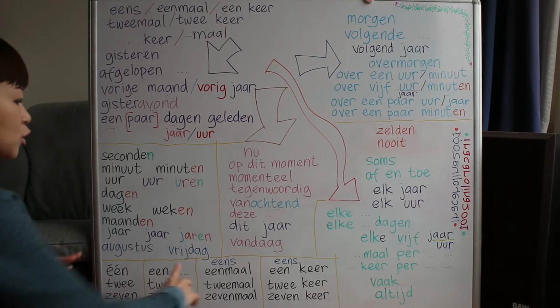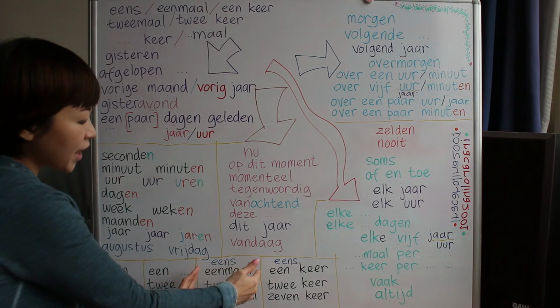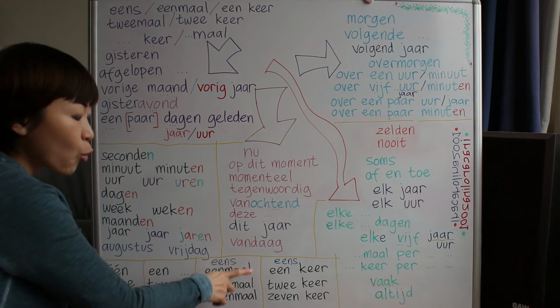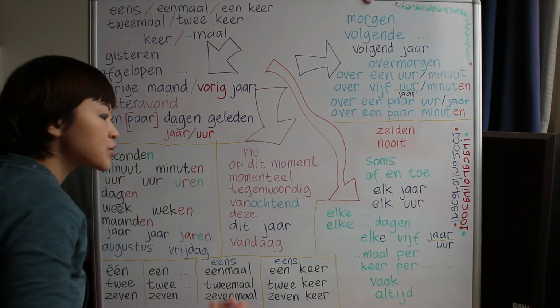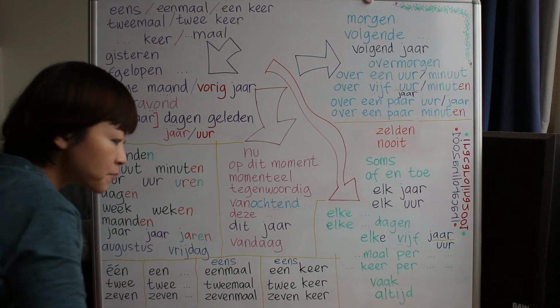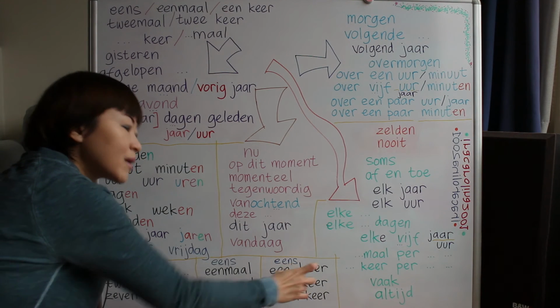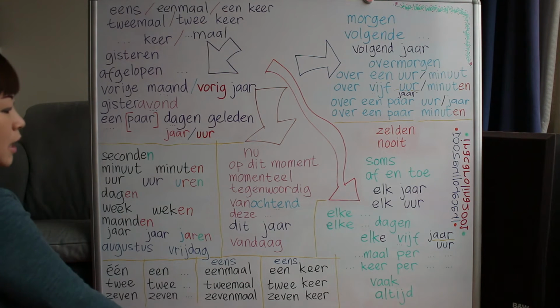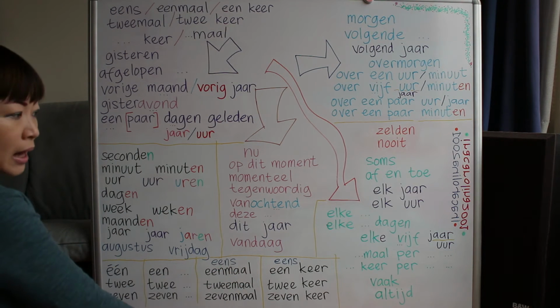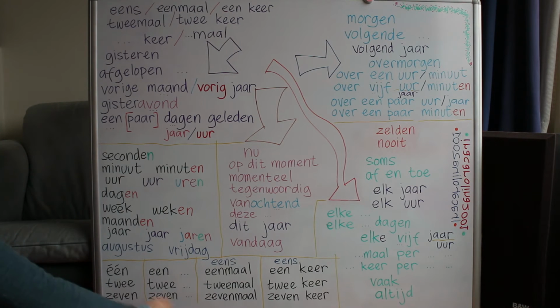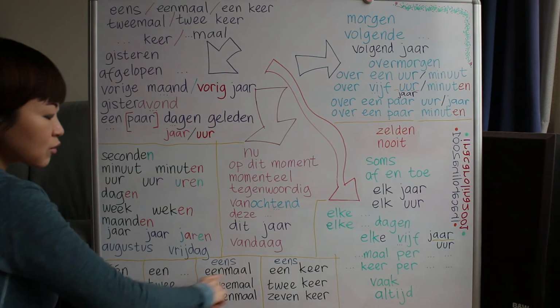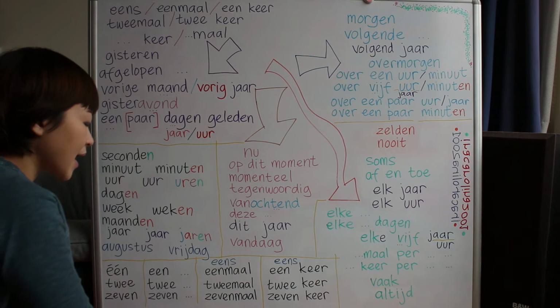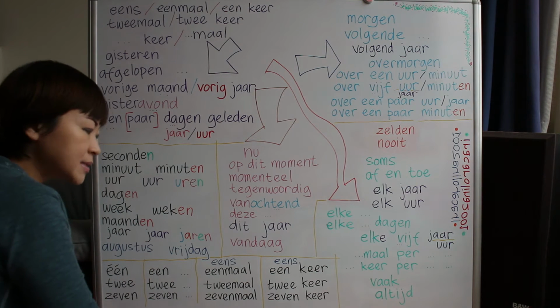When you use maal, we put it together with the number, so it becomes one word. When we use keer as time, we put a space, so it becomes two words. One time, eenmaal. Even though we read this as één and this as een, this one we say as eenmaal.